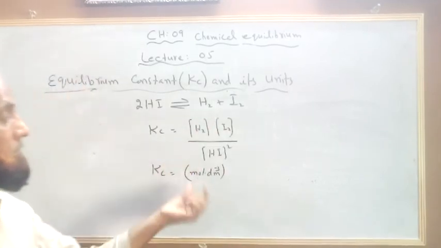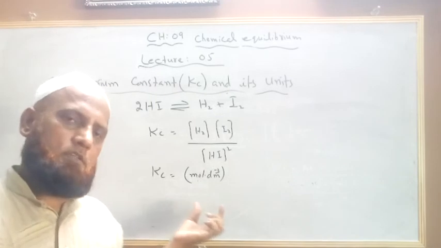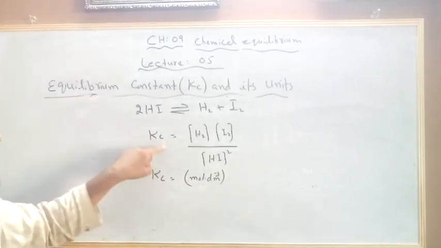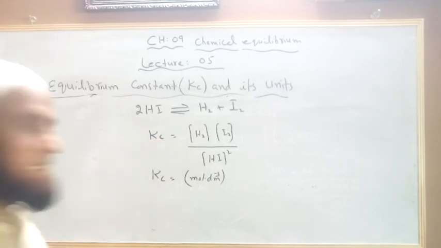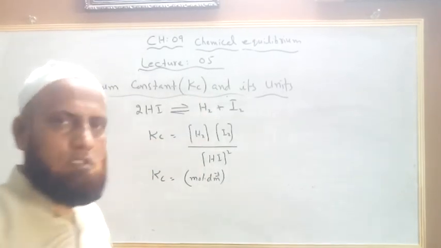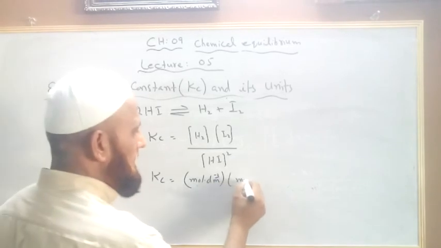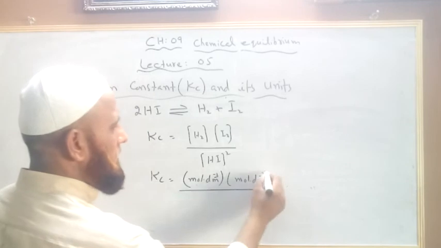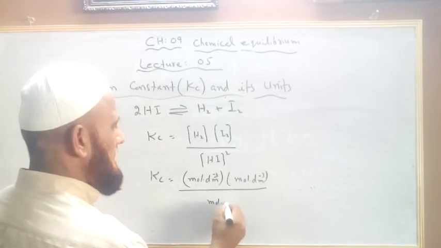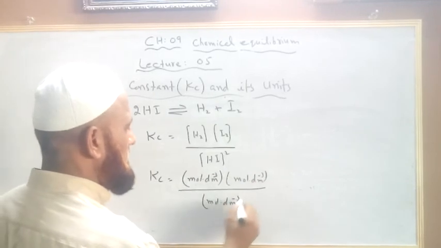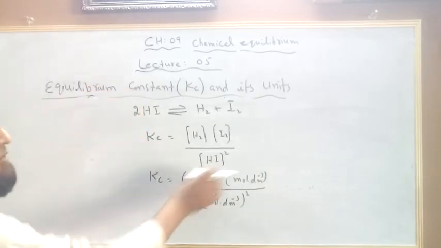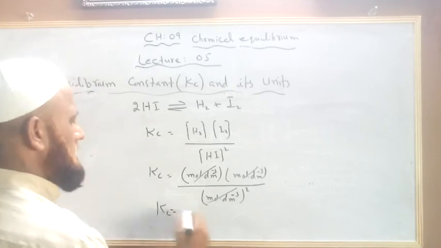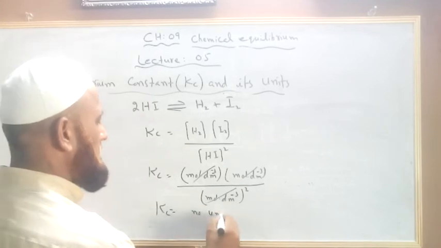Before deriving your units, you must write the Kc expression first, so that the examiner can check where you are getting this formula from. So mole per dm cube. At the bottom we have what? Mole per dm cube whole squared. Mole per dm cube would cancel. That's why Kc has no unit for this reaction. No unit.